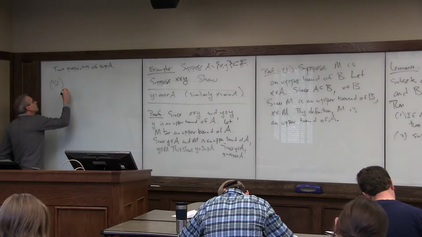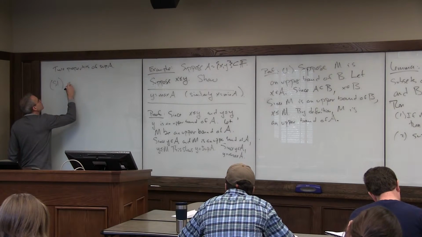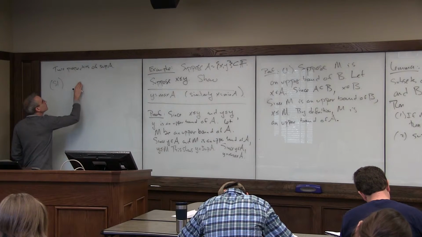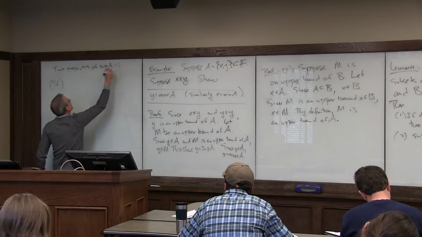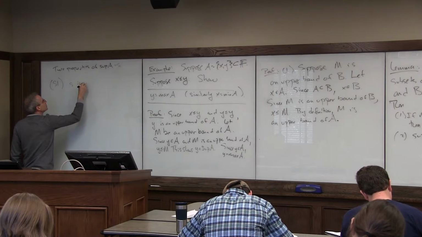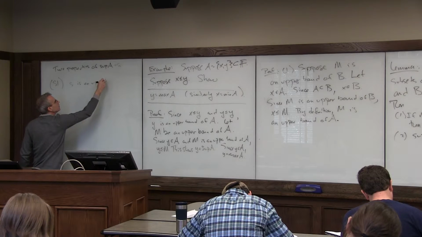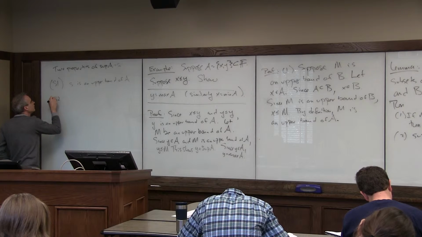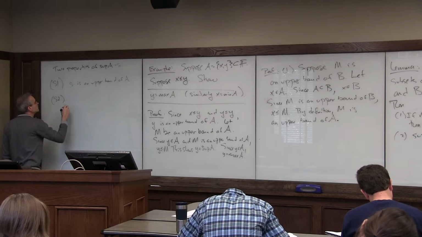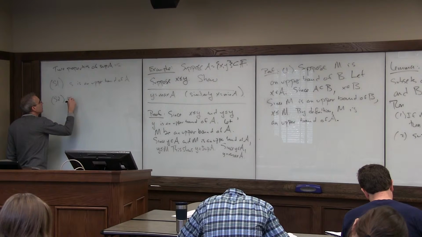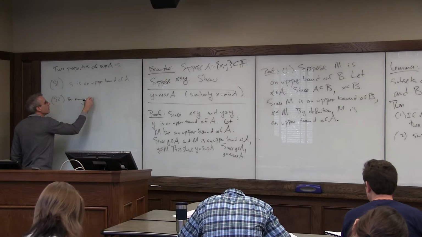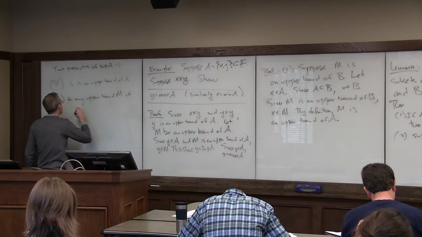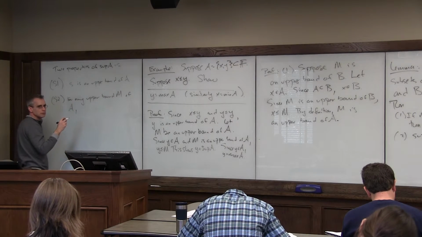I'm going to call them S1 and S2. S1 is that sup A is an upper bound of A. And the second one is that for every upper bound M of A, what do we know?